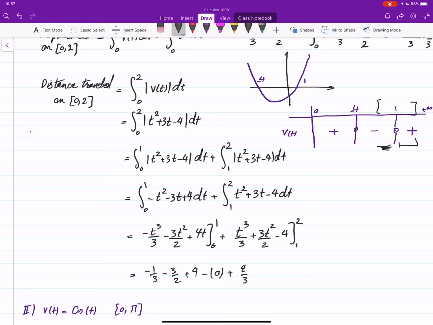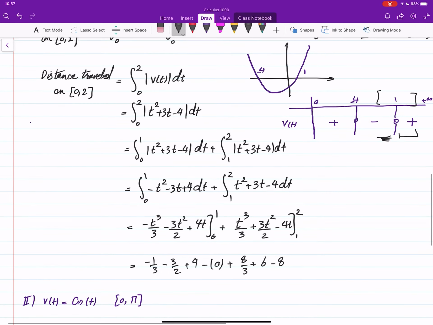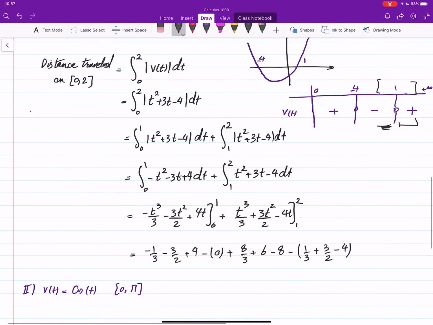So this will be 8 over 3 plus 12 over 2, which is 6, minus 4t, 4 times 2, this is 8, minus, when you plug in 1, this will be 1 over 3 plus 3 over 2 minus 4. And then you can do the work, you simplify.